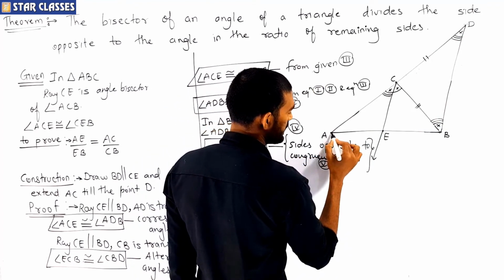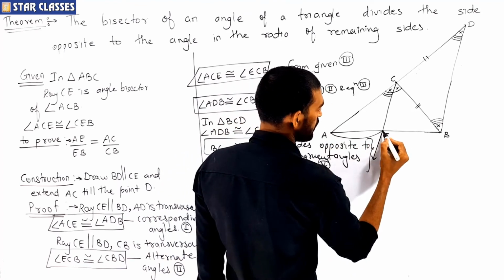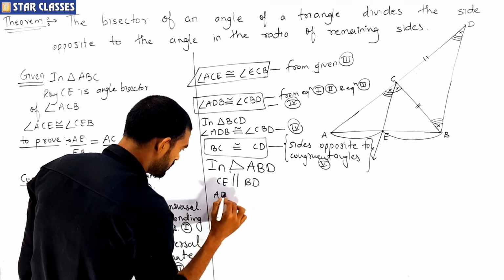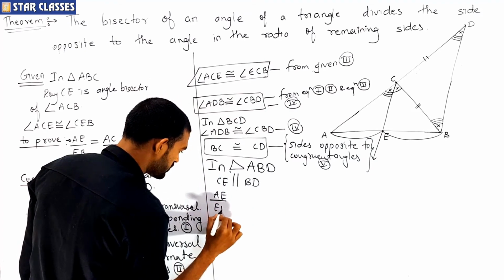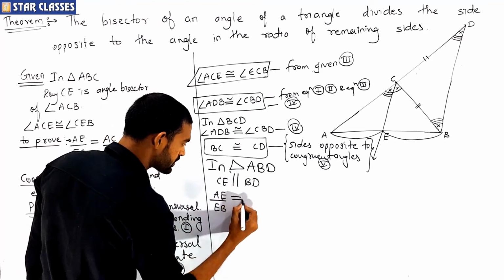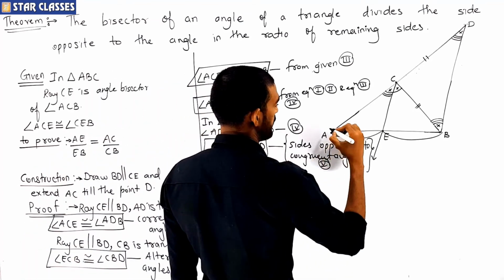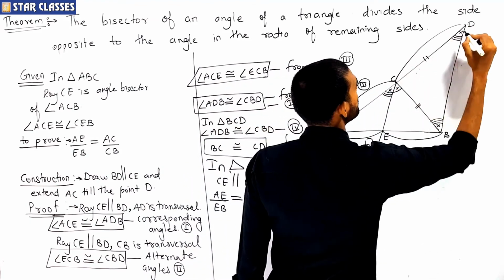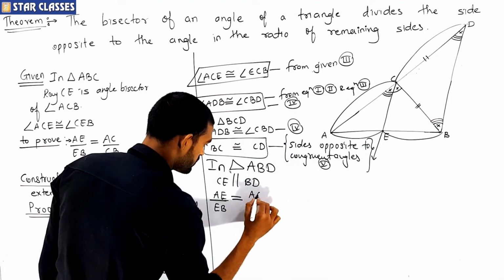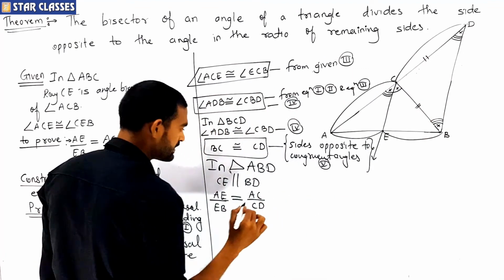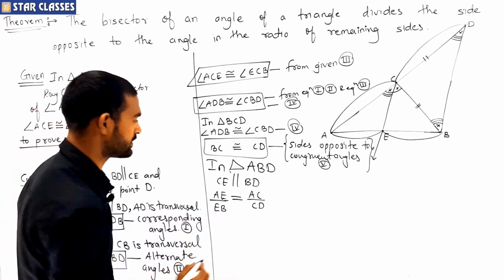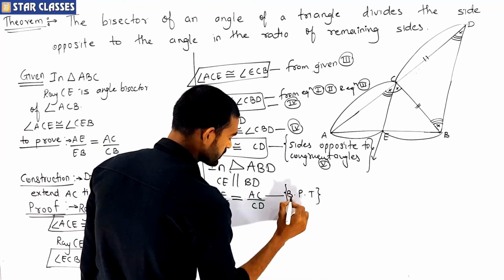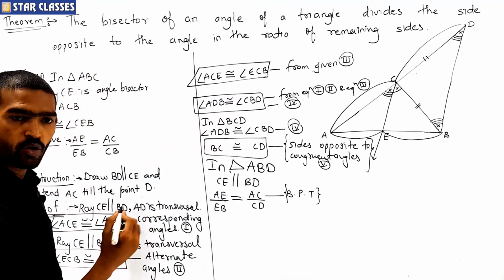We'll write here AE upon EB is equal to AC upon CD. This is the BPT theorem. Right, students? Now one more thing we know.